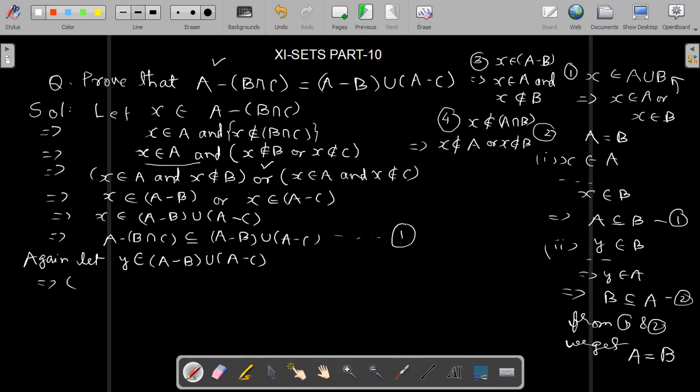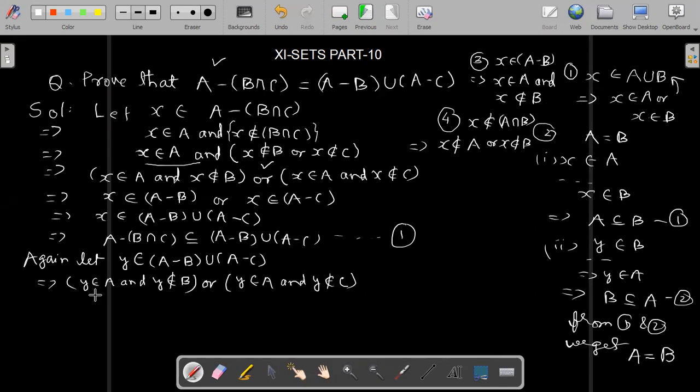Minus means Y belongs to A and Y does not belong to B. Where AND will come, where OR will come, you should remember this. Minus is converted, and union means OR, and again here Y belongs to A and Y does not belong to C.